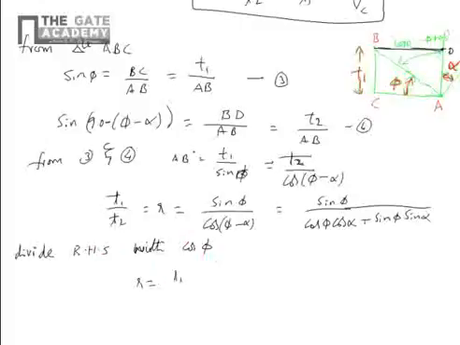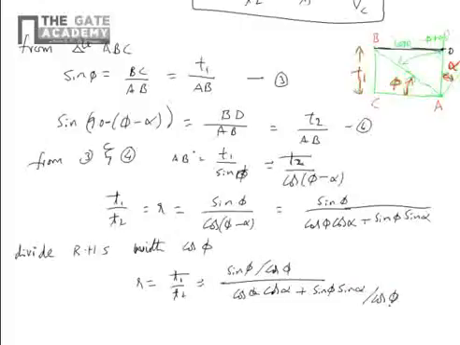So R equal to T1 by T2 equal to sin phi divided by cos phi, over cos phi cos alpha plus sin phi sin alpha divided by cos phi.